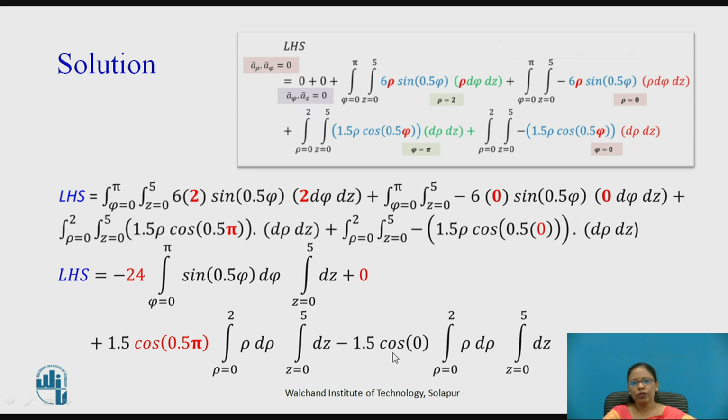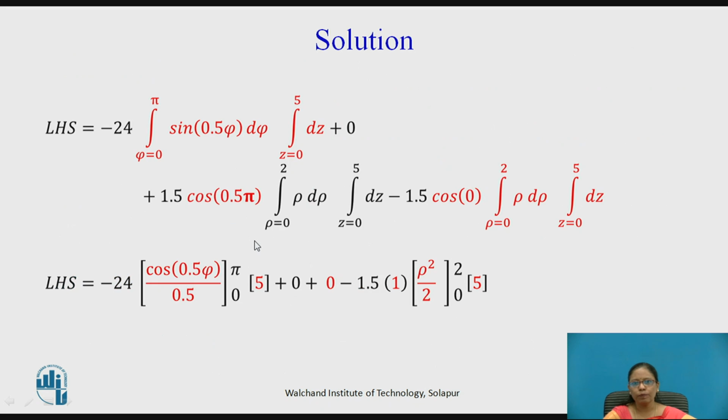So 1.5 cos 0 with the minus sign is taken outside. Inside the integral, what is left is rho d rho and integration of dz. So after this, let us simplify this further. So this is minus 24 as it is, sine 0.5 phi d phi integration dz, this term is 0. The same equation I have written.